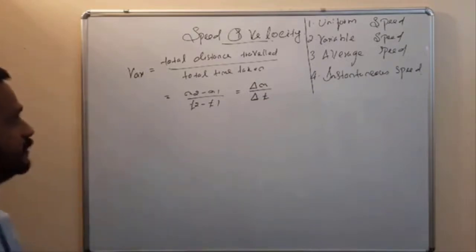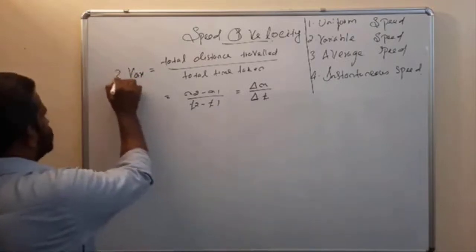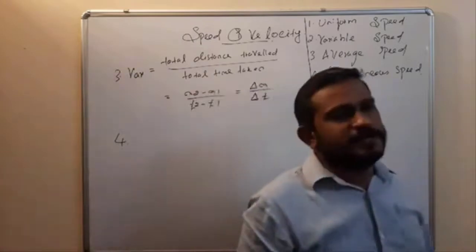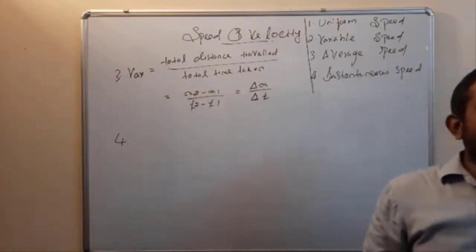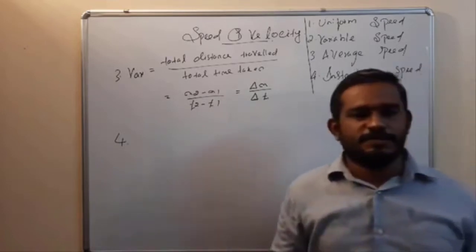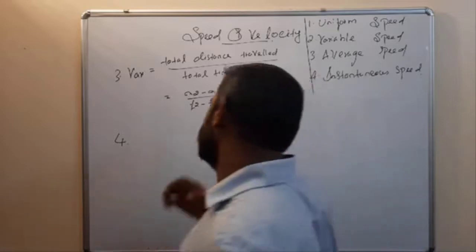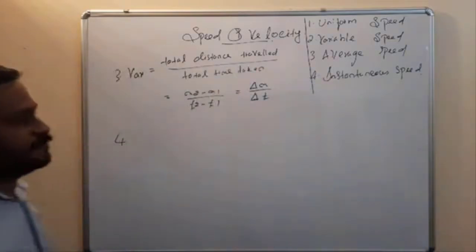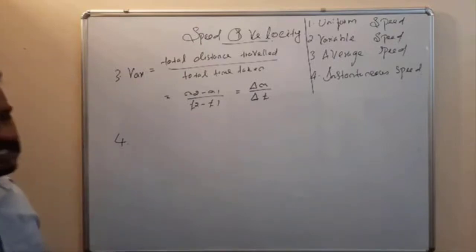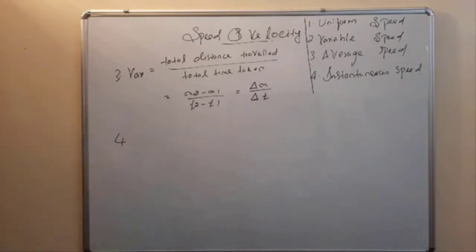Then the next, the fourth one, is instantaneous speed. Instantaneous speed means the speed of the object at any particular instant. Otherwise, we can say that the speed of the object at any particular point in its path is called instantaneous speed.